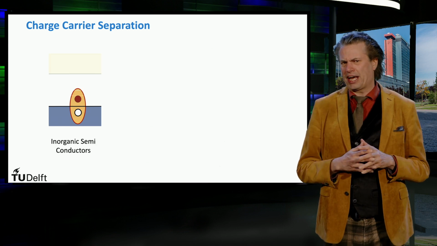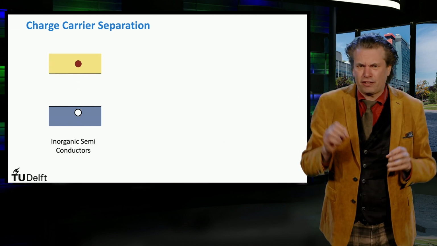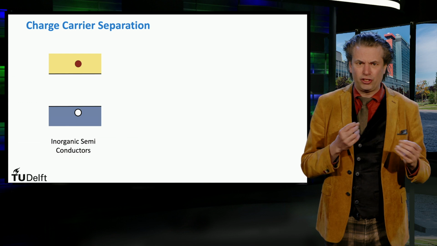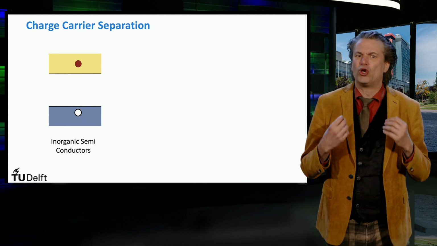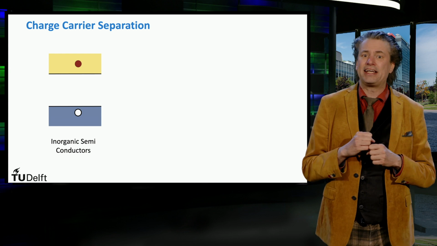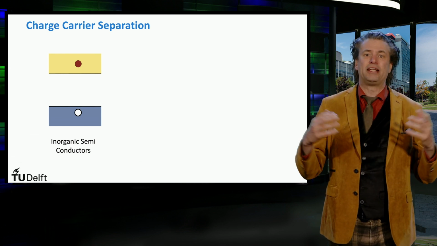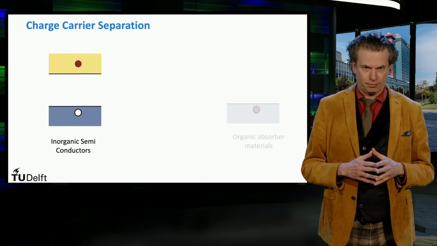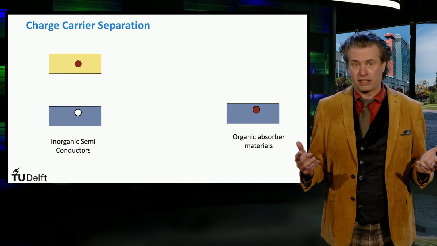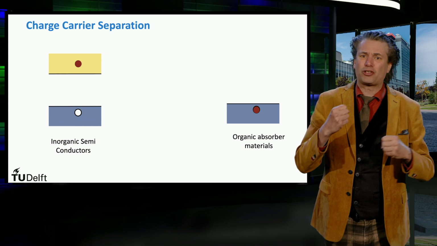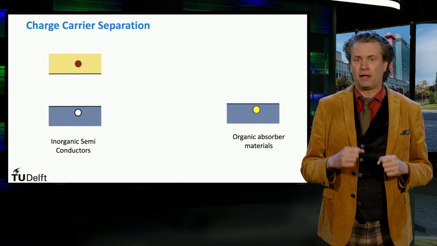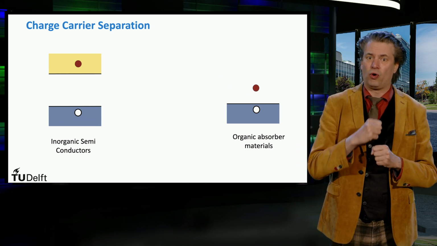In most inorganic semiconductors, however, this force of attraction between those two charges is very minimal, and due to this low binding energy, they can easily be split into independent charge carriers. In organic materials, however, the properties of the material cause an increased Coulombic force of attraction between the excited electron and hole.